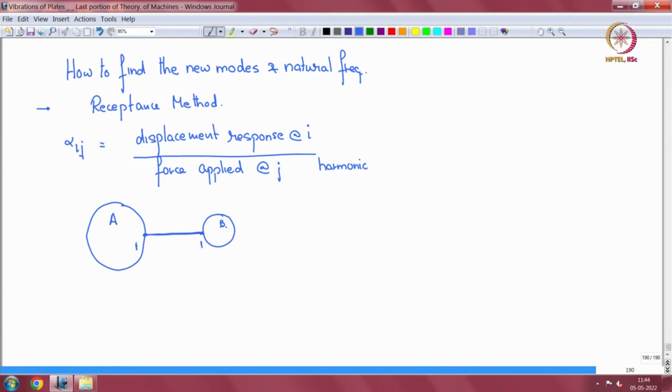There is a force that A experiences, let us call it FA1, given by capital FA1 e to the power j omega t, and there is a displacement it experiences, which is small x a1, which is capital X a1 e to the power j omega t.